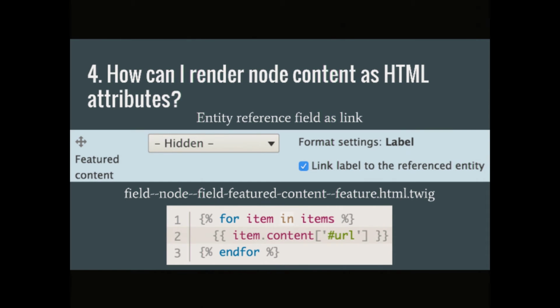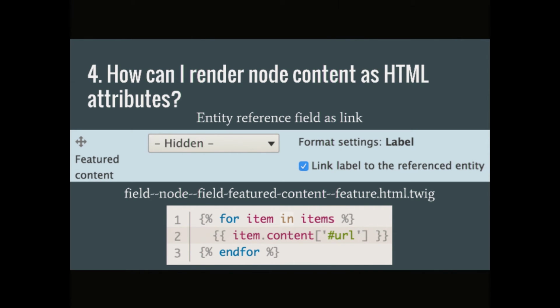In addition to that, I need to create a new template, and we can use the theme debug to determine this. It can be as general or as specific as you want. In this case, I'm very specific about the entity type, the field name, and the view mode that's being used. But this can be as simple as field--field-feature-content.